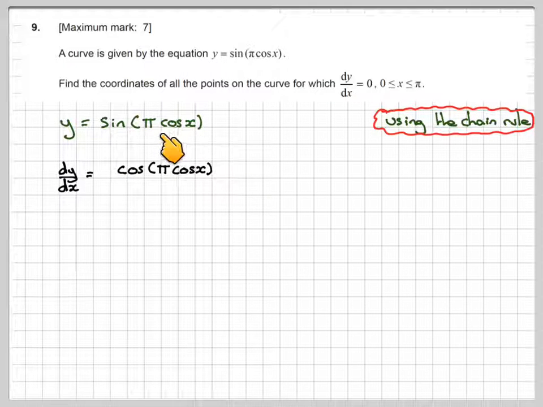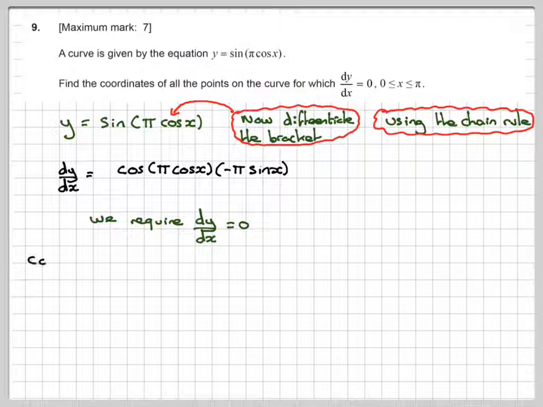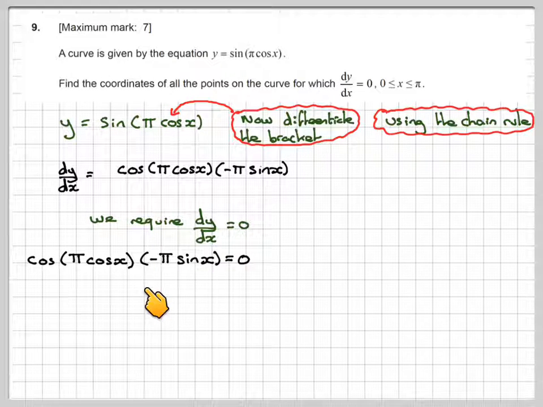And now we have to differentiate the bracket. So if we differentiate cos, we get minus sine. So we're going to have minus pi sine x. We now require dy by dx equal to 0. So we put cos pi cos x times minus pi sine x equal to 0.